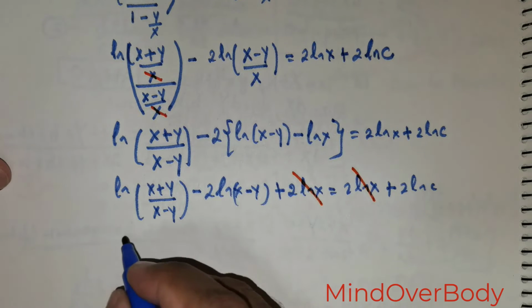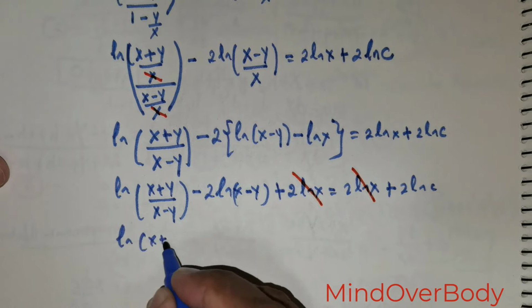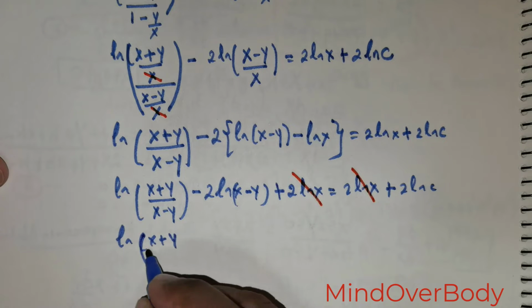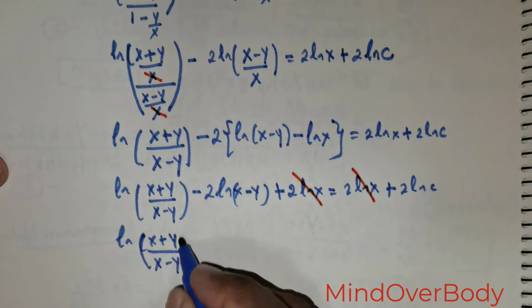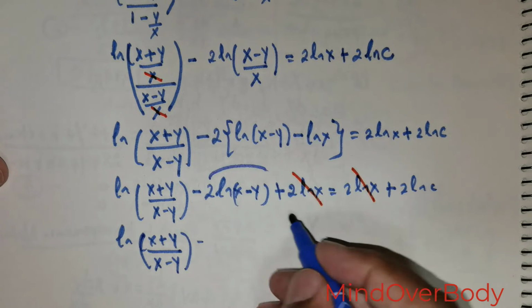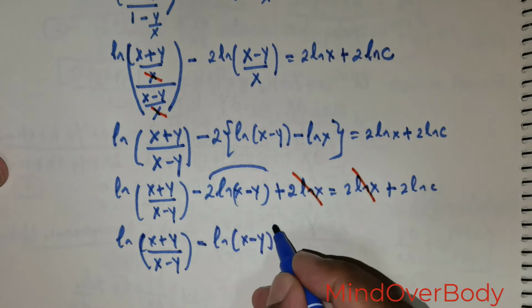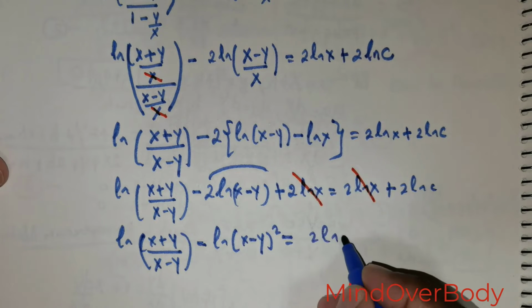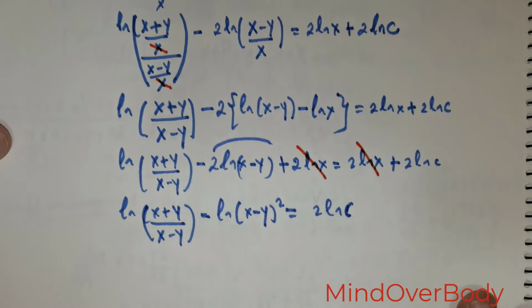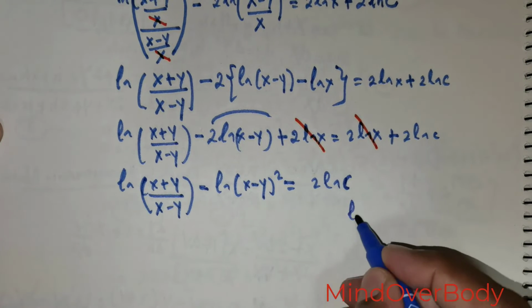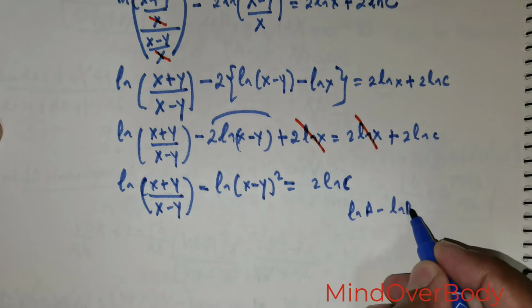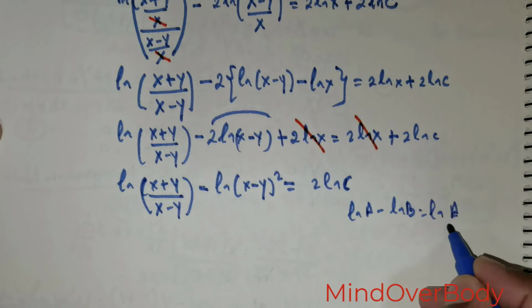Now I can rewrite this as ln of x positive y divided by x negative y. I can push this 2 to the other end, so it's going to be ln of x negative y raised to the power of 2 is equal to 2 times ln c. Now I've got ln a minus ln b, which can be written as ln of a over b.